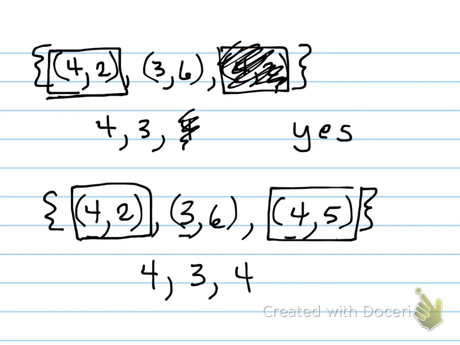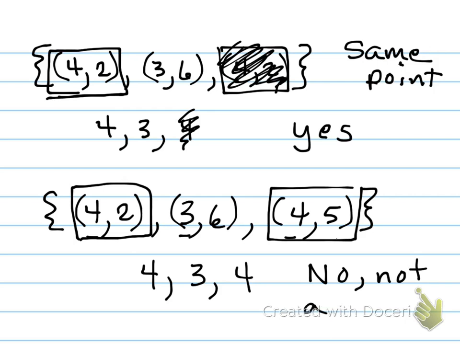So that means they're different points, which means that two x values repeat without being the same point, right? Remember up here, those were the same point, so it didn't matter. Point is another word for ordered pair. So here, the answer would be no, this is not a function. So do you see the difference there? If they repeat, but it's the same exact point, we don't really care. We were just given too much information. But if they repeat and it's not the same point, then no, it's not a function. Okay, the relation is not a function.